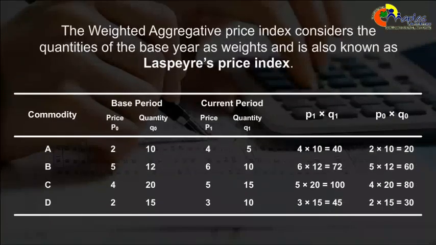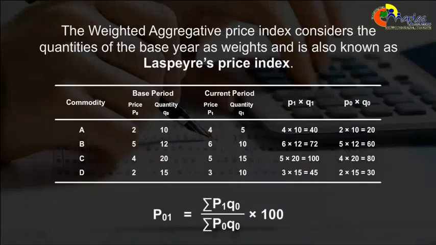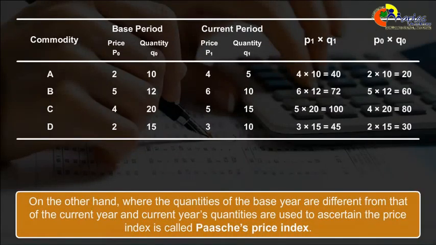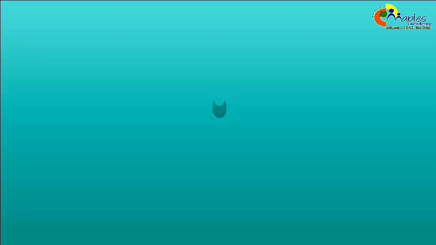The weighted aggregative price index that considers the quantities of the base year as weights is also known as Laspeyres' price index. On the other hand, where the quantities of the base year are different from those of the current year and current year's quantities are used to ascertain the price index, it is called Paasche's price index.